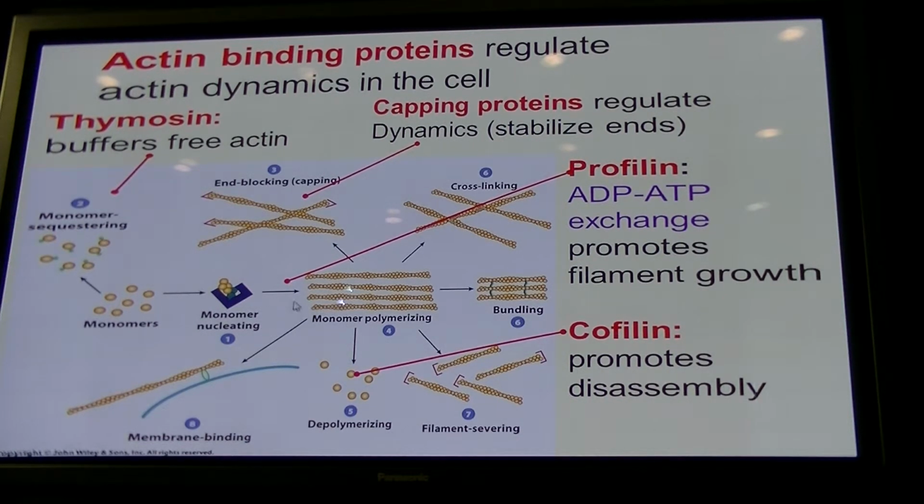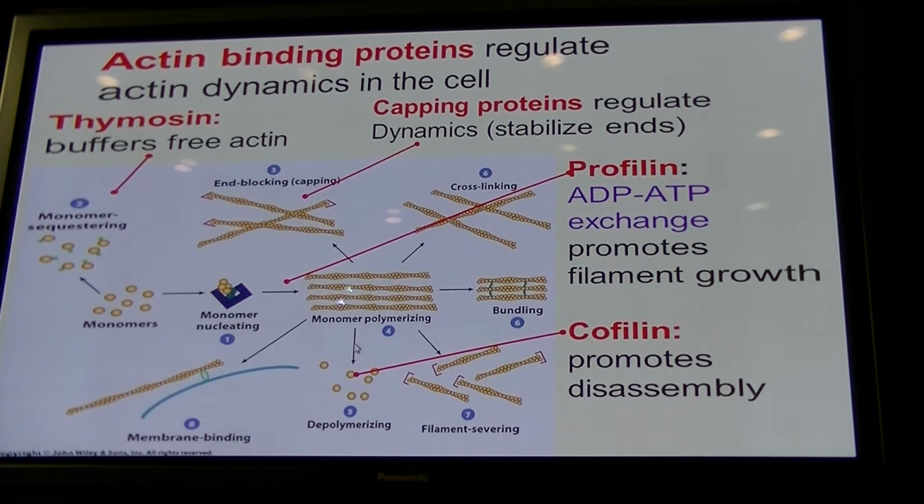Here we have monomers polymerizing, forming these filaments. The filaments can be cross-linked. There are proteins for that make networks. There are proteins that bind to the ends, that's capping, and that stops growth but also breakdown. There are ways in which actin can be bundled together to organize it.